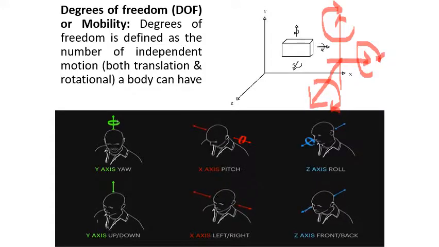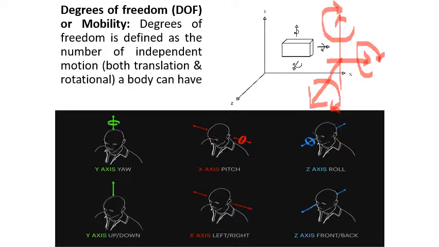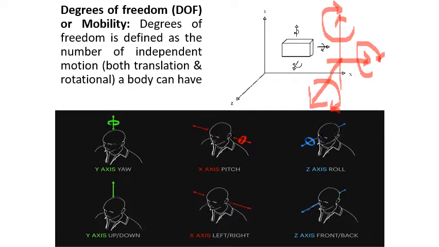In the second case, the human head can be tilted upward and downward. This is nothing but rotational motion along the x-axis. The same human head can be moved left and right, so we call this sliding motion along the x-axis.